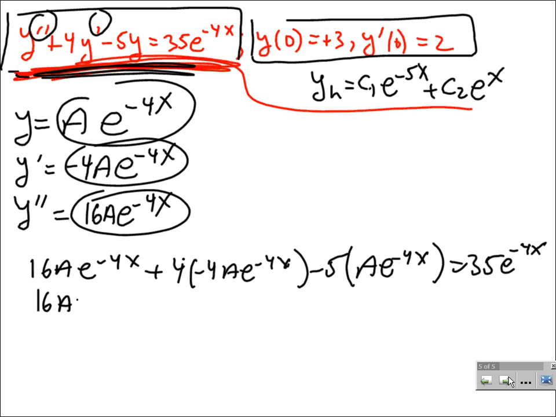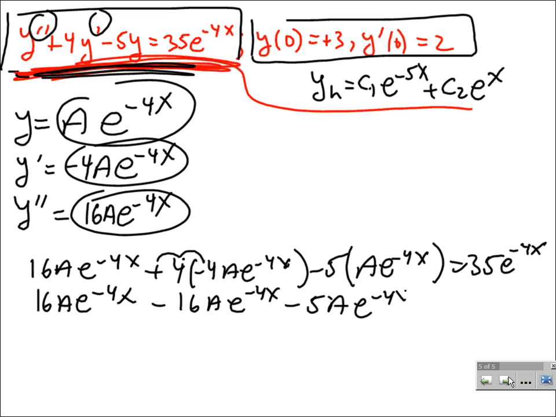We have 16a times e to the negative 4x. Positive 4 times the negative 4 is negative 16a e to the negative 4x minus 5a times e to the negative 4x. And this is equal to 35e to the negative 4x.